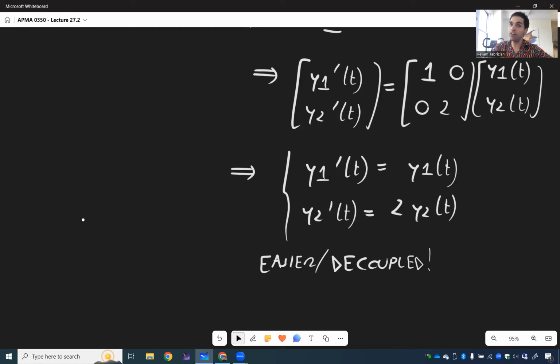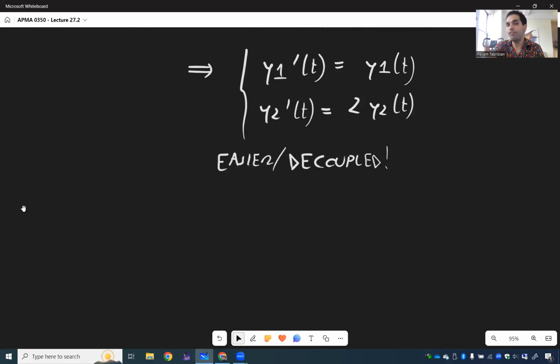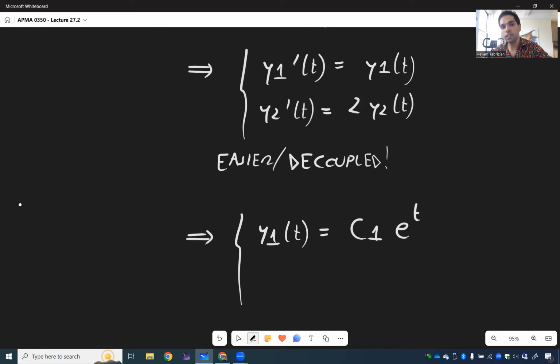But it turns out if you diagonalize A, it magically decouples the system. And in fact, what we end up getting is just the basic ODE, where y1 of t is some constant times e to the t, and y2 of t is some constant times e to the 2t. Again, that's our equation, y prime equals Dy.